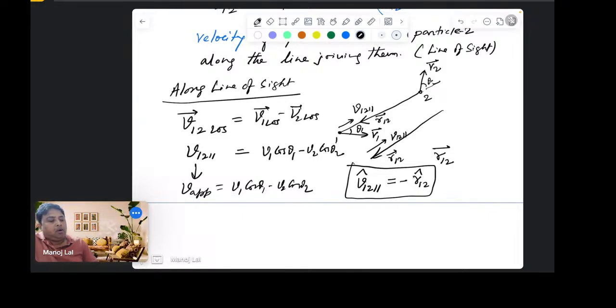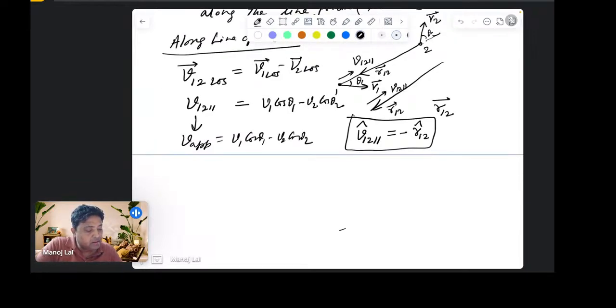So students, this is the approach. Basically, what I am telling you here is, see, this is 1. Again, I am drawing it like this. This is V1 and this is V2. And this angle is theta 2, this angle is theta 1.